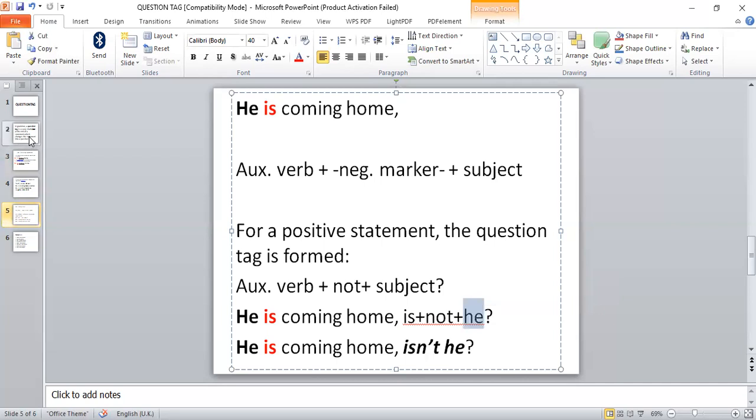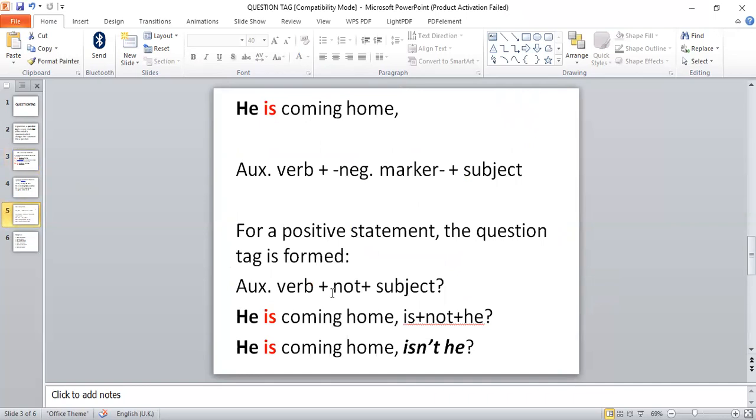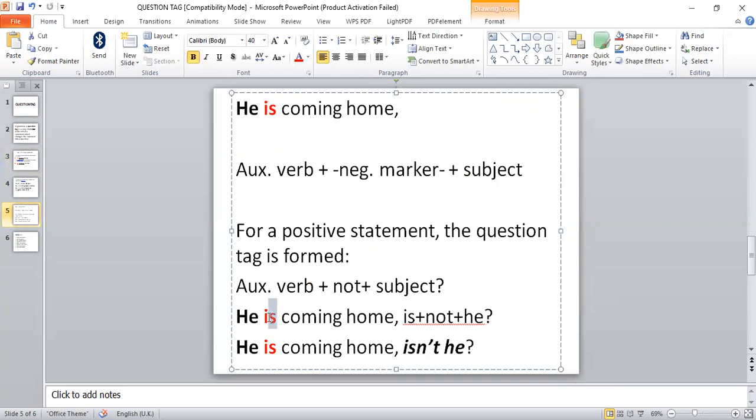The second rule, which states that the auxiliary verb or the verb to be in the statement matches the verb used in the tag, has also been answered, because the auxiliary verb we have here matches the only verb that we have in the tag. So the second rule has also been applied.